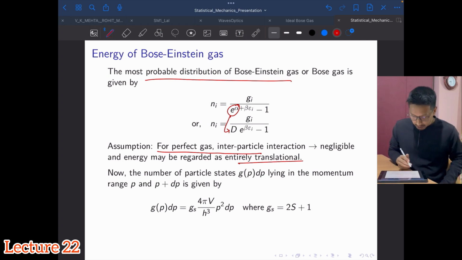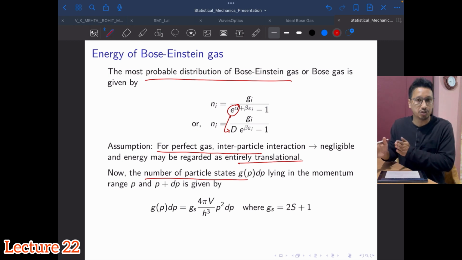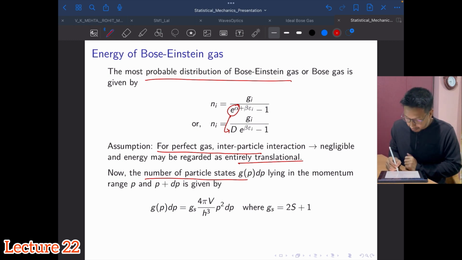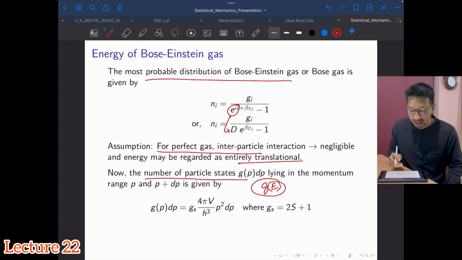So now we will talk about the number of particle states. We have talked about density of states in terms of energy, this G of E. What did it mean for us? It means the number of states present in the energy range E and E plus dE. Similarly, the same thing we now talk about in terms of momentum.